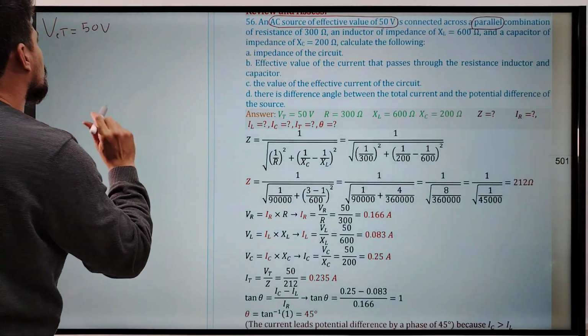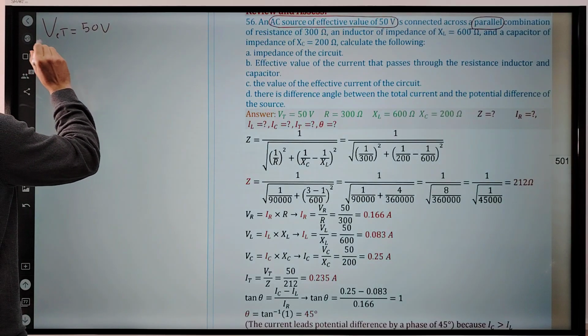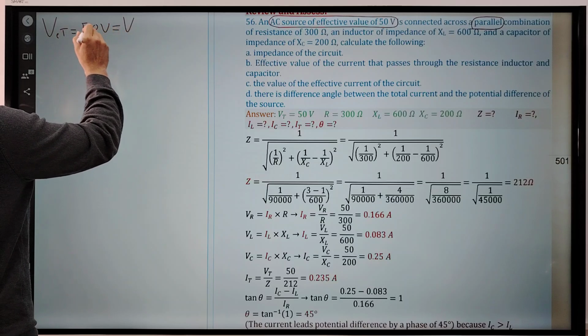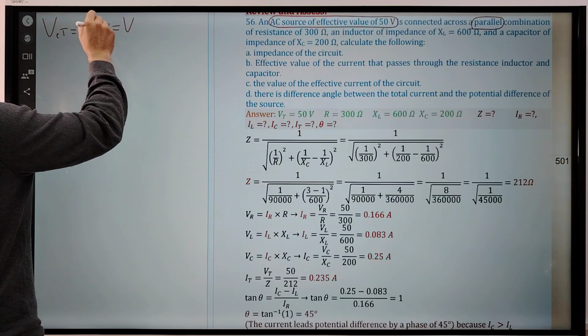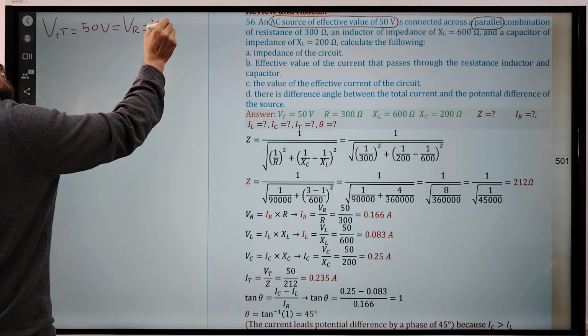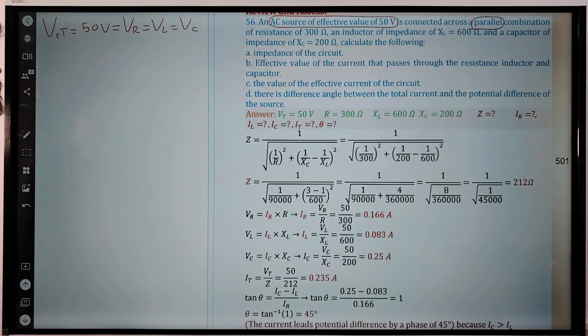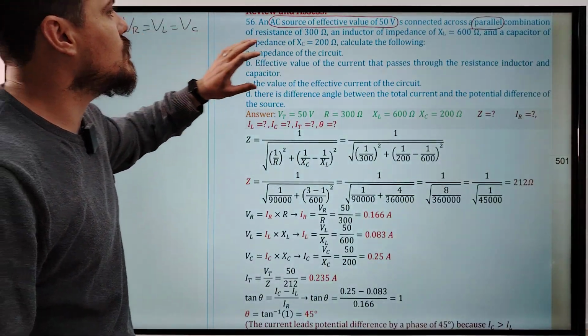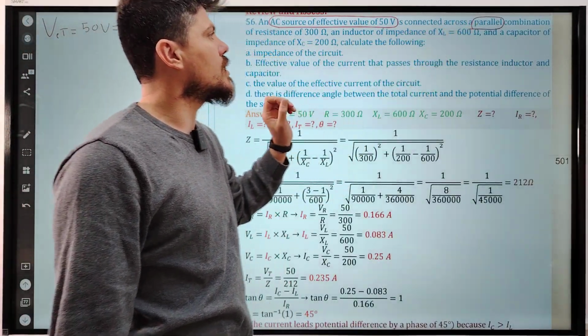It is a parallel connection. In a parallel connection, the values of potential difference are equal. V effective total is equal to 50 volt, and this 50 volt is for the resistance, inductance, and capacitance. How did you know? Because the connection is a parallel connection.